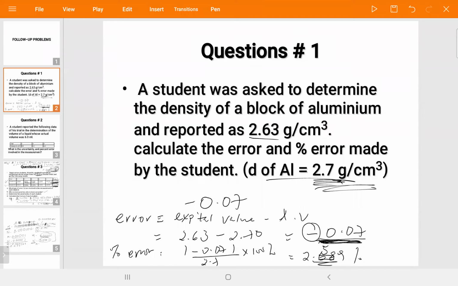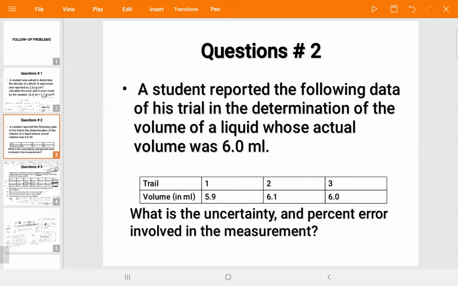So percent error is 2.5. Now let us see how uncertainty is calculated. Uncertainty is the doubt in a measurement. So how is uncertainty calculated? It is expressed by the average deviation. What does average deviation mean?